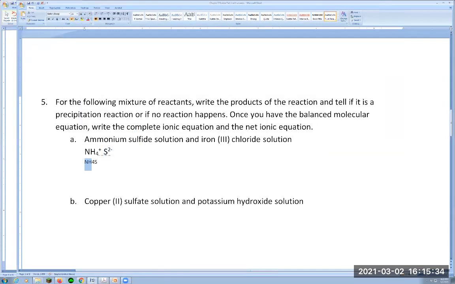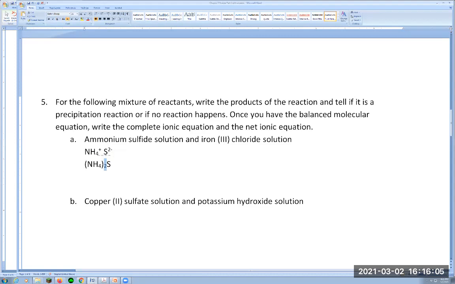We have NH4, and the 2 from the charge of the sulfide will become a subscript for NH4. We need parentheses around NH4 because there is more than one of the polyatomic ion. Remember how we put parentheses if there is more than one, but we do not use parentheses if there is only one. Here we have 2, so we need parentheses.